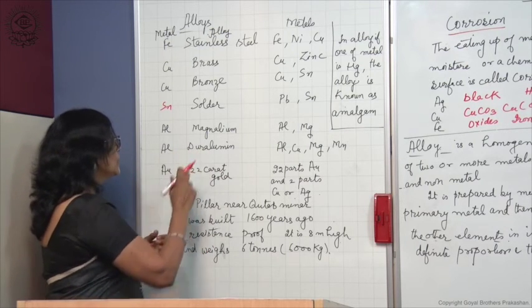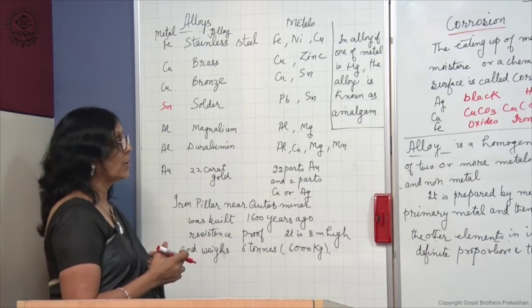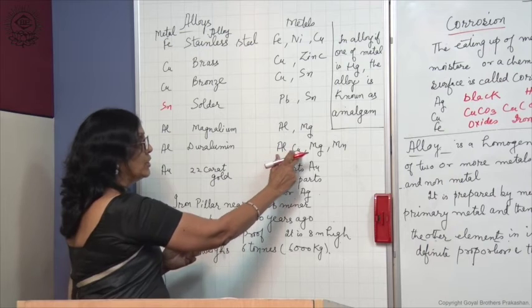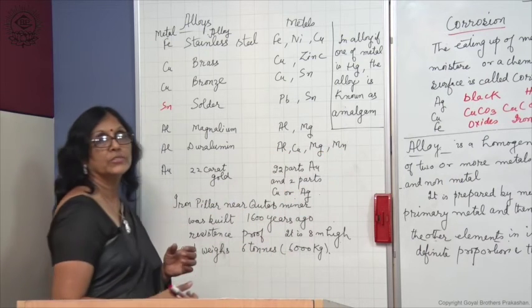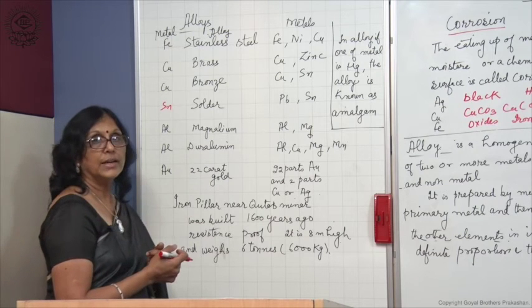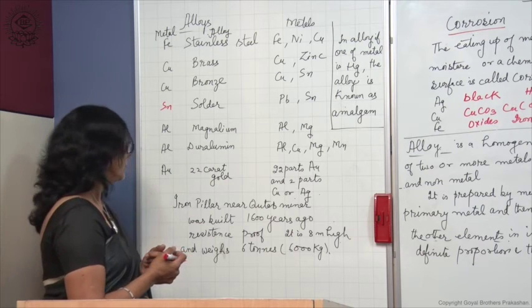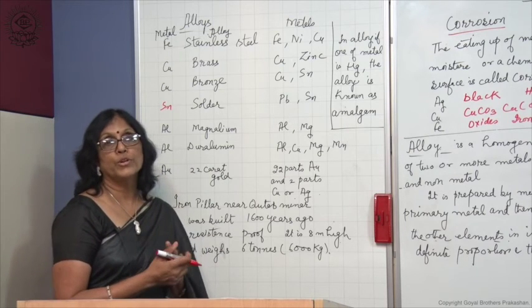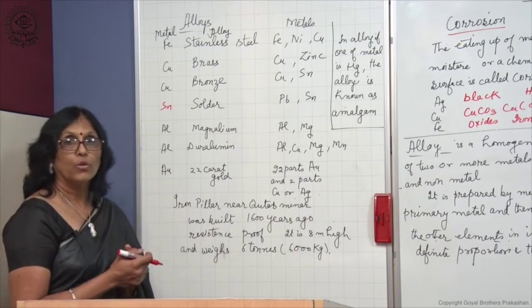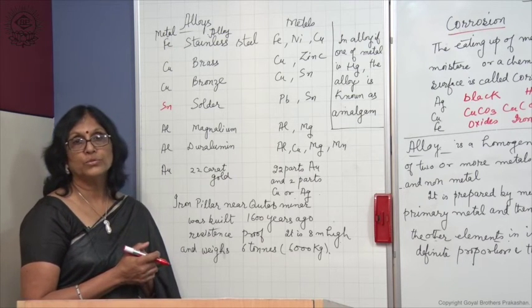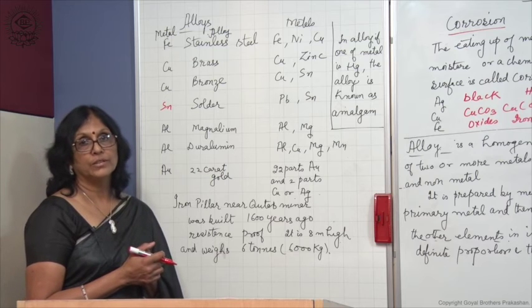Another alloy is duralumin. It is made by mixing the metals aluminium, copper, magnesium and manganese. In this case also the same thing happens. The alloy is not only light in weight, but very strong also. 24 carat gold is the purest form of gold. Gold is very soft and 24 carat gold cannot be used for making jewelry.